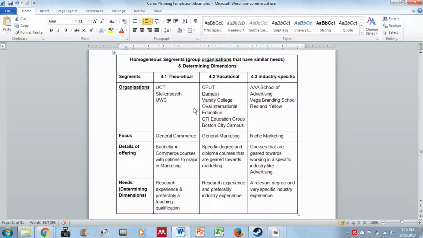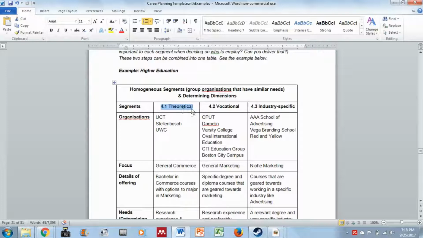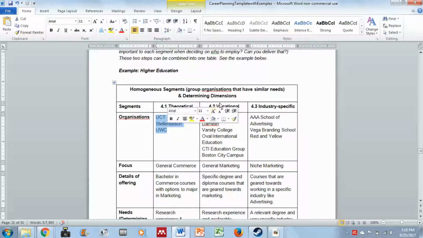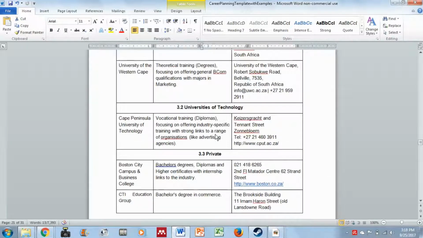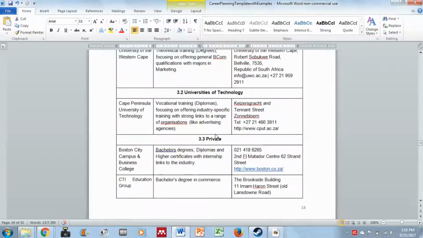First I have the theoretical group, that's my 1 segment, which includes the organizations UCT, Stellenbosch, etc. And then the vocational segment, which includes all of these. I included these in the vocational segment, I see. Oh right, University of Technology.